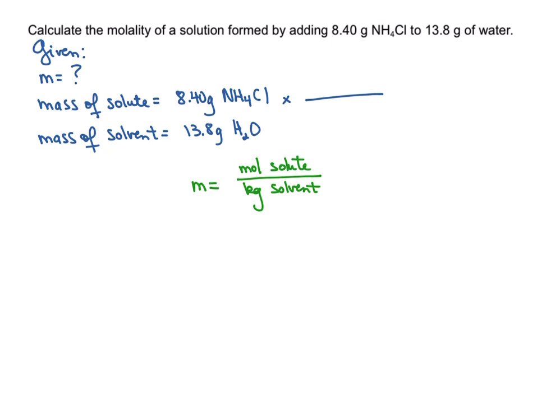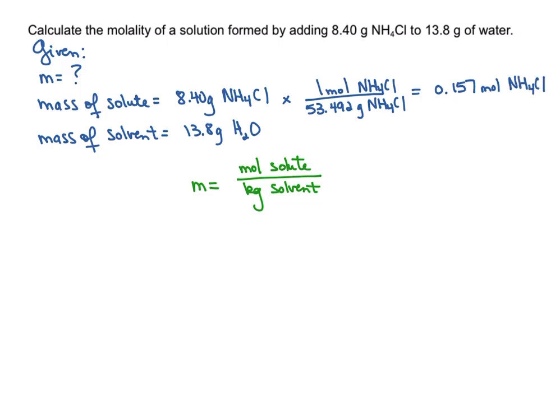And I can get that number from the periodic table. Units cancel out, and I get 0.157 moles of ammonium chloride.